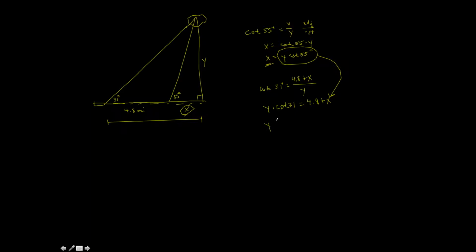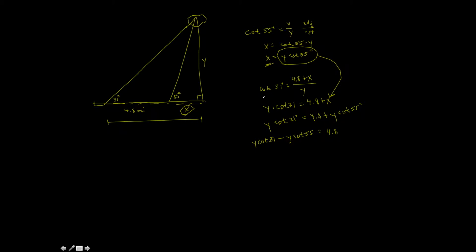So this is y cotangent of 31 degrees equals 4.8 plus y cotangent 55 degrees. So what we need to do is get our y's on the same side. So y cotangent 31, and then subtract y cotangent 55 from both sides, equals 4.8.